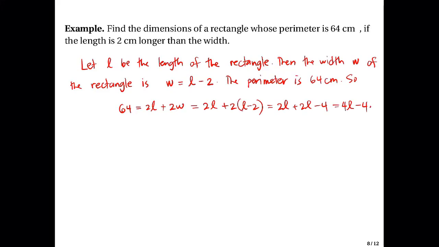And then we now solve for L. So you have 4L minus 4 equals 64, or 4L is equal to 64 plus 4, and this is equal to 68. Therefore, L will be 68 over 4, and this is equal to 17 centimeters.